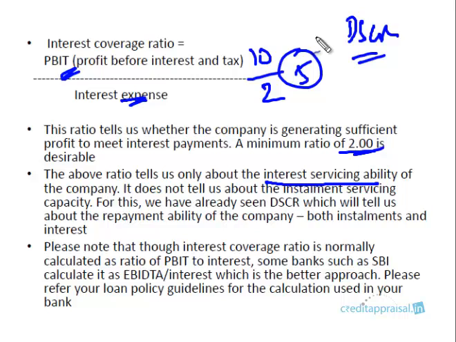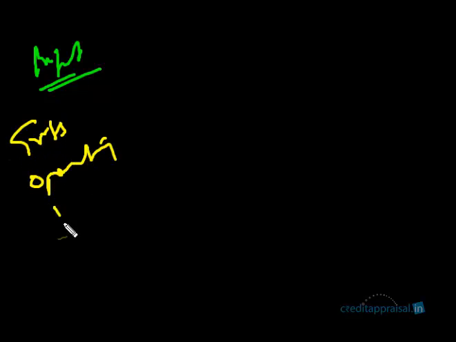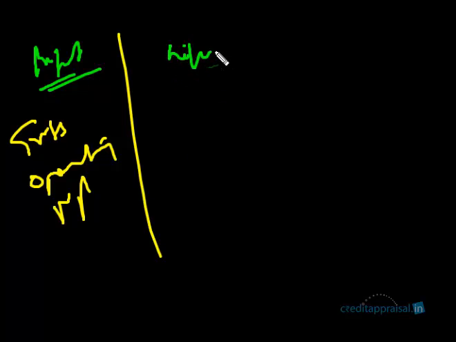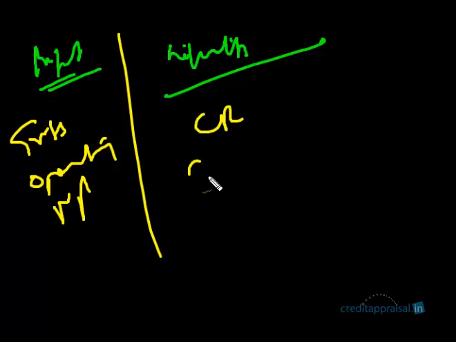So far, please recall, under profitability ratios we have calculated gross profit, operating profit and net profit. These are the 3 things we have calculated. We also discussed liquidity ratios, under which we calculated current ratio, quick ratio and interval measure.